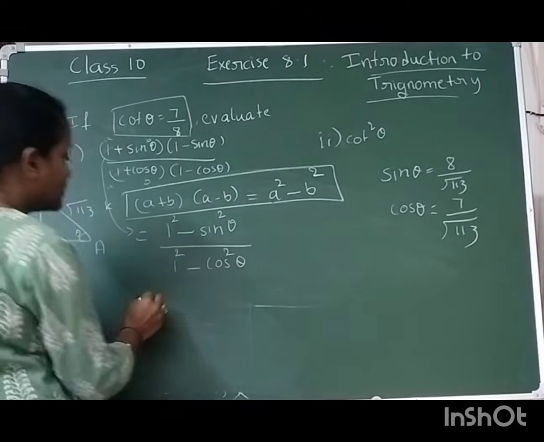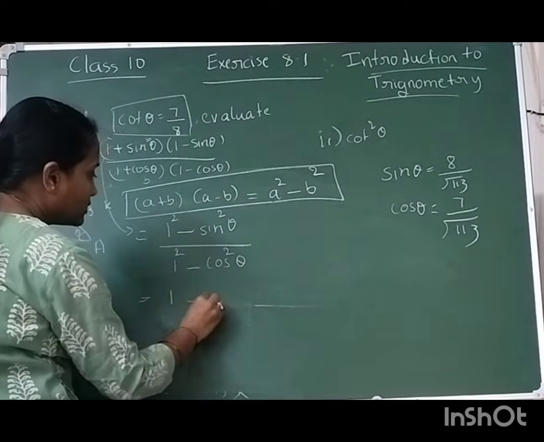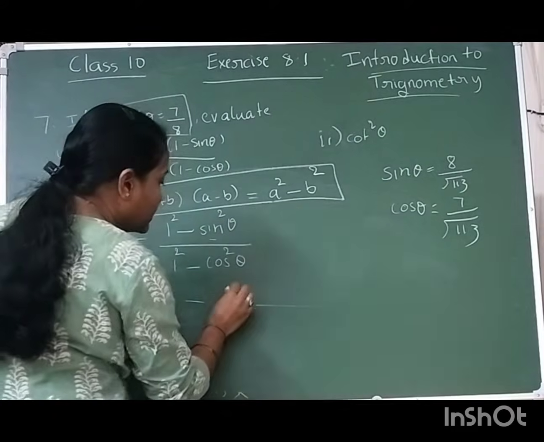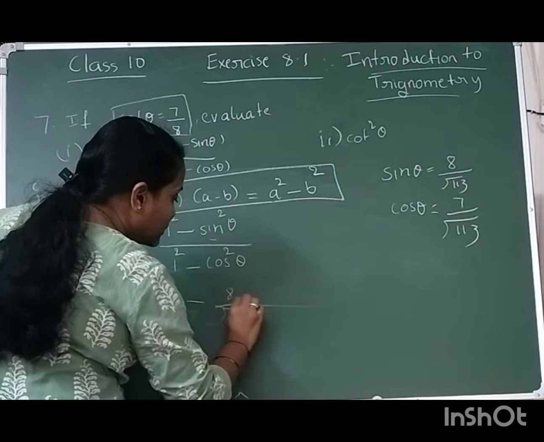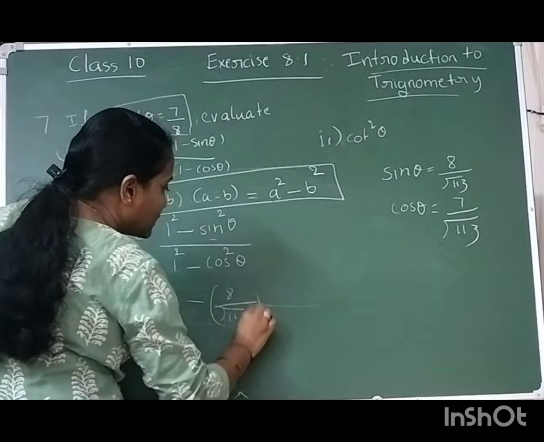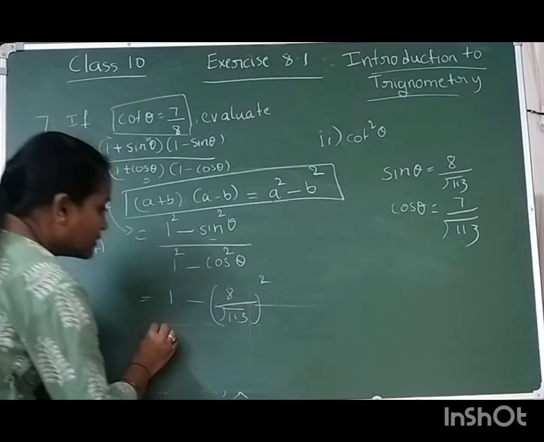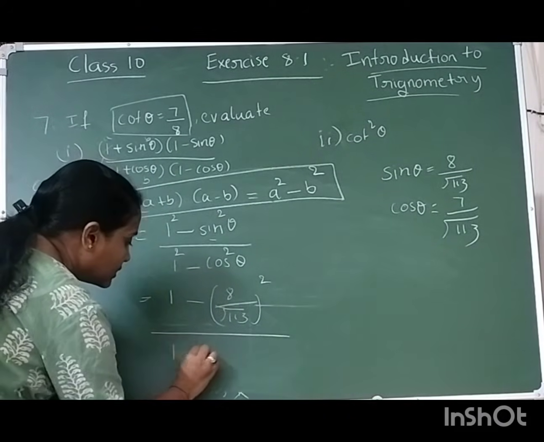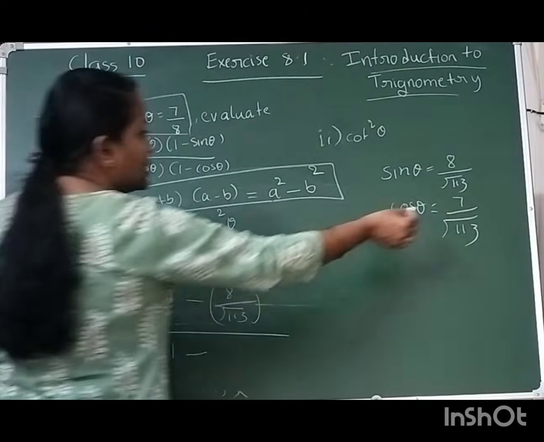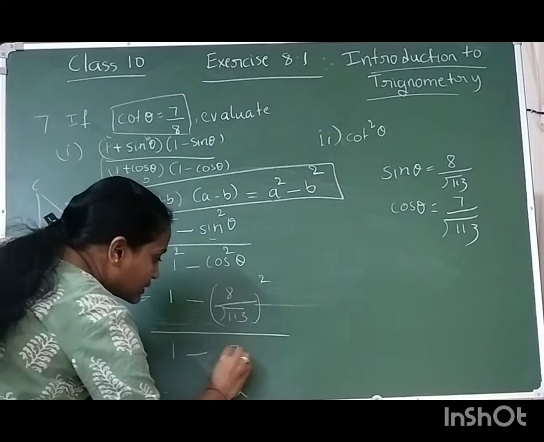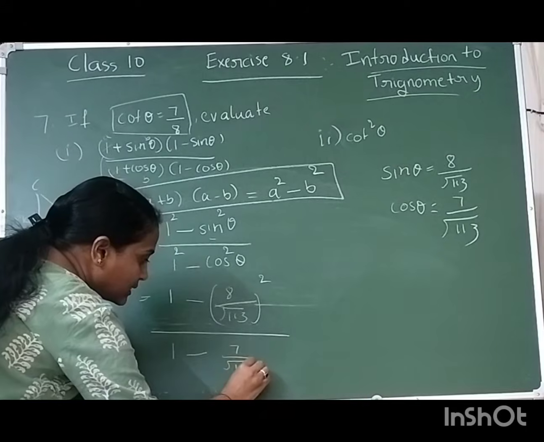So now 1 square is 1. Sin theta we know is 8 by root 113. So 1 minus 8 by root 113 whole square, divided by 1 minus cos theta, which is 7 by root 113. We'll substitute that here, so 7 by root 113 whole square.